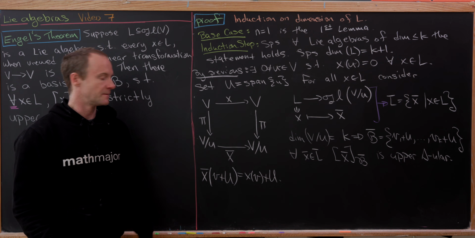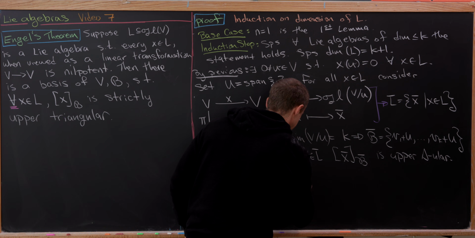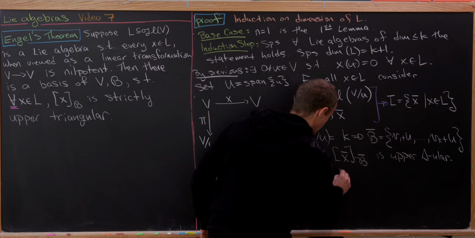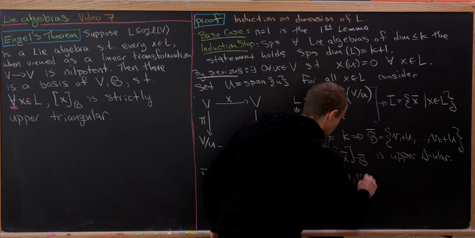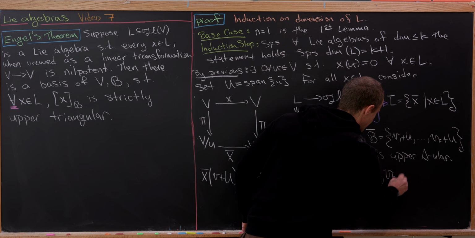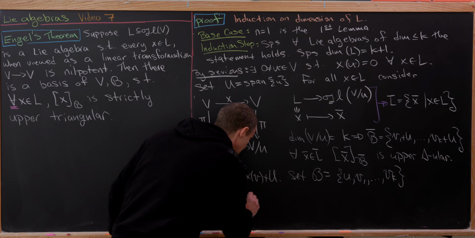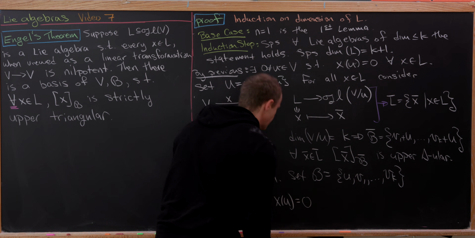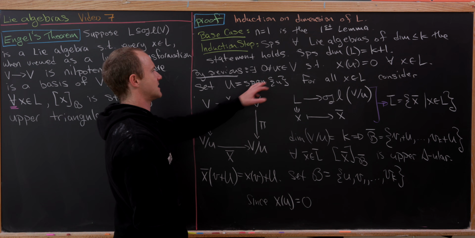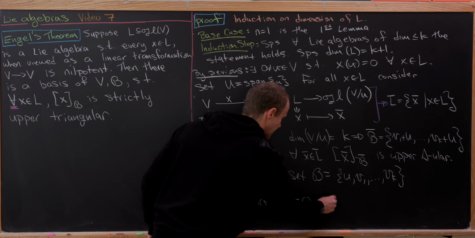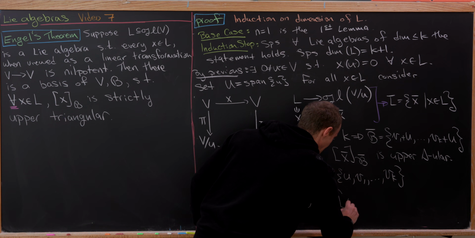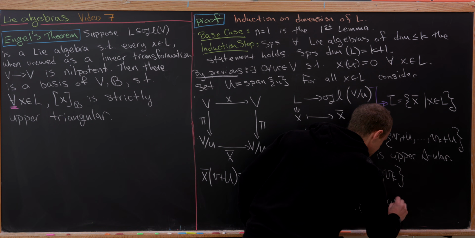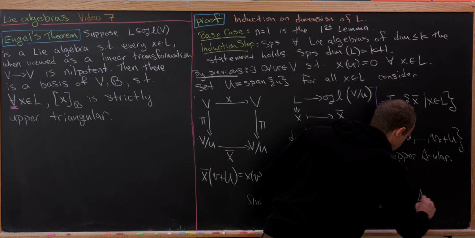Okay, good. But next up, we want to set B, without the bar, equal to the set u and then v1 up to vk. Since we know that x evaluated at u is equal to 0, that was the point of u over here, that means that x inside of this basis is upper triangular.